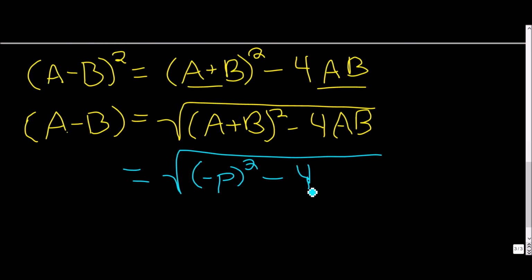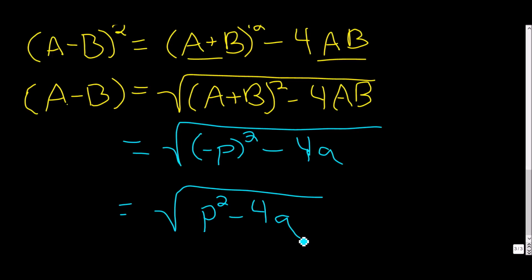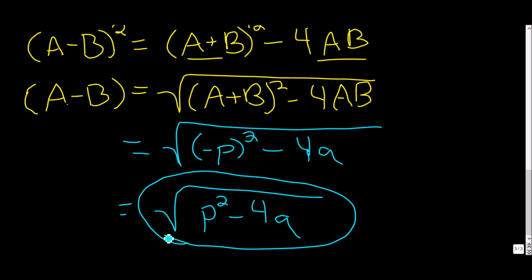If I simplify this, negative p squared just makes p squared, and I subtract away 4q. So this is pretty intense as far as algebraic manipulation, but we basically use the concepts of the difference of two numbers squared versus the sum of two numbers squared, and we manipulated them to make them fit.